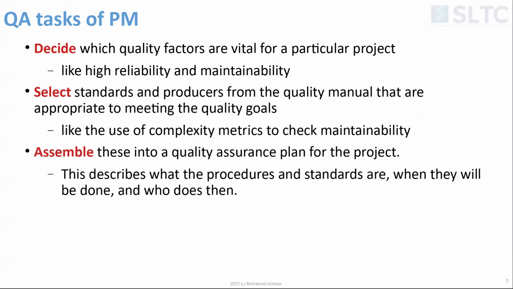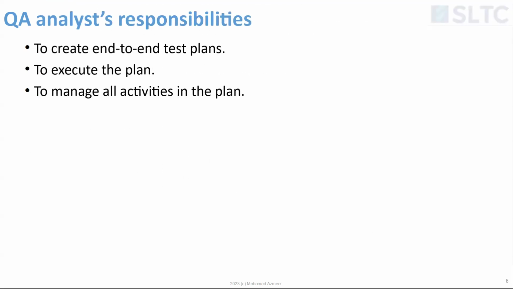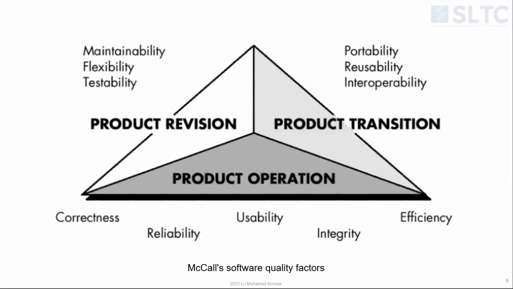And then we also realized this is the manager's role, deciding what factors we are going after, selecting the standard, and then assembling everything in order to start the project. So this is what we discussed today: McCall software quality factors.